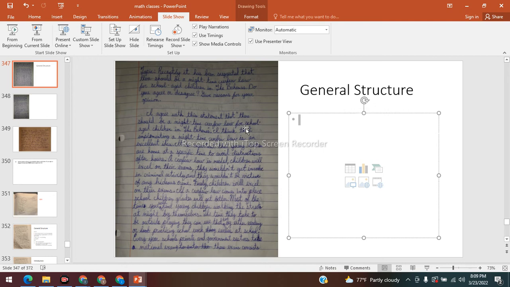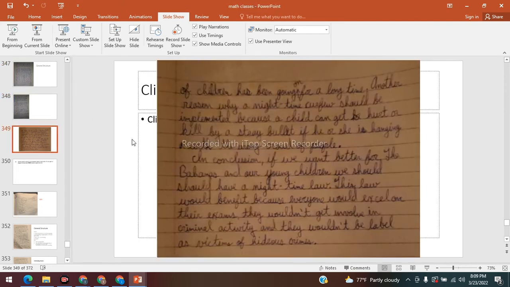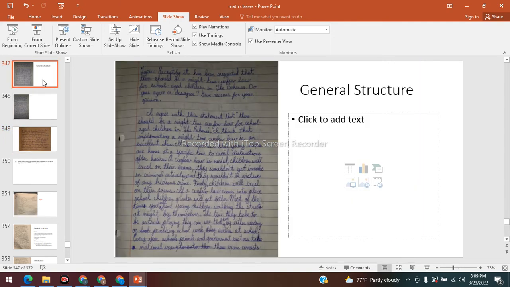How many paragraphs is this? This is 1, this is 2, this is 3, and this is 4. Why is it only 4? It's supposed to be 5. Can anyone identify the problem? Why do they only have 4 instead of 5?